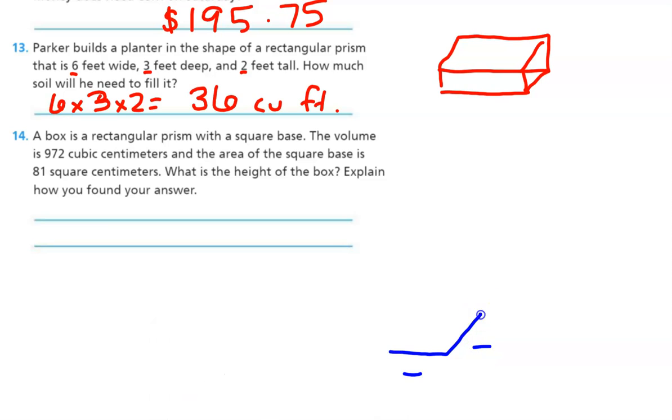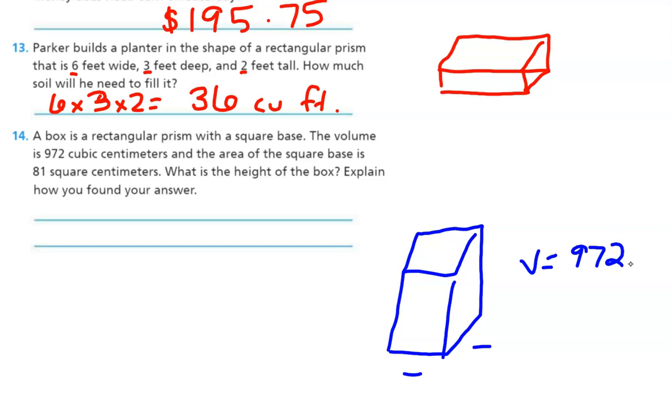They're telling you that the entire volume equals 972 cubic centimeters, and that the area of your square base that they've already solved for you is 81. So they're telling you that they multiplied these out, and that already equaled 81 square centimeters. So we want to know the height of the box.